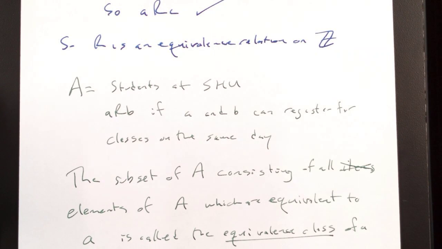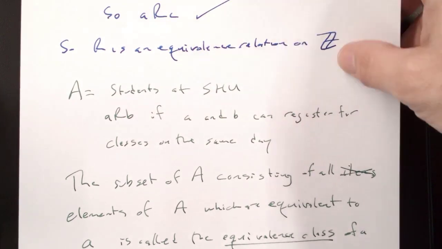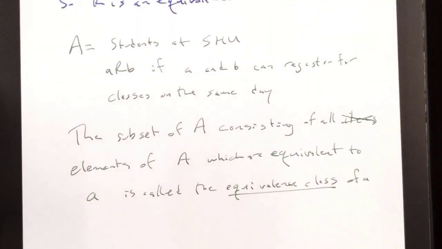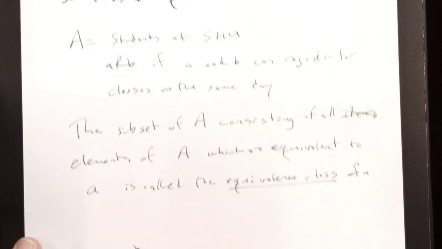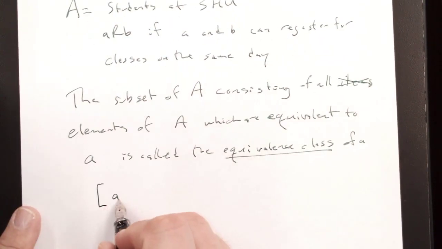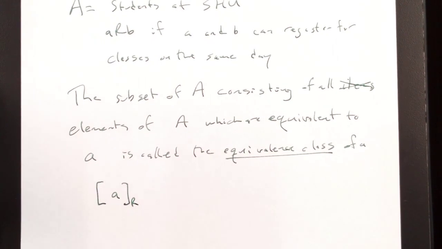The set of all elements of A which are equivalent to A, under some equivalence relation, is called the equivalence class of A. And we would usually write it like this: square bracket A sub R. R is the name of our equivalence relation.